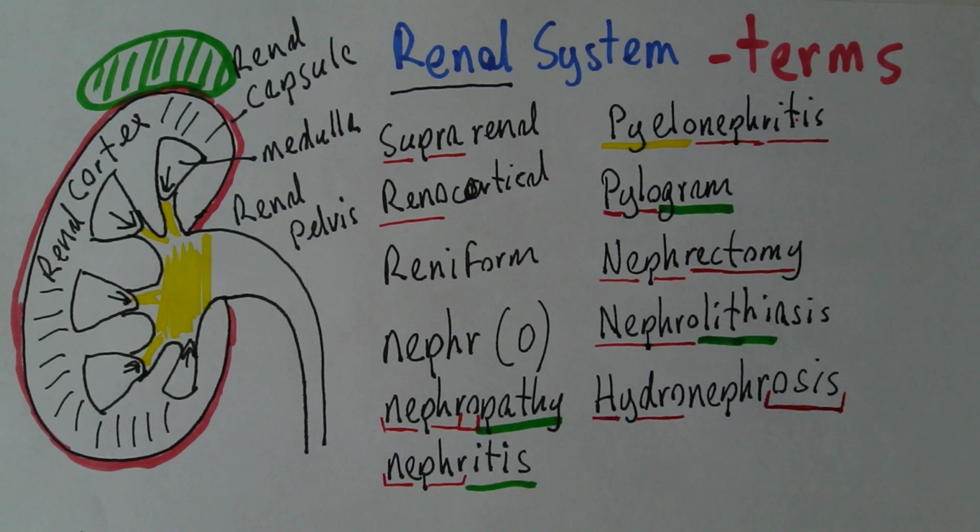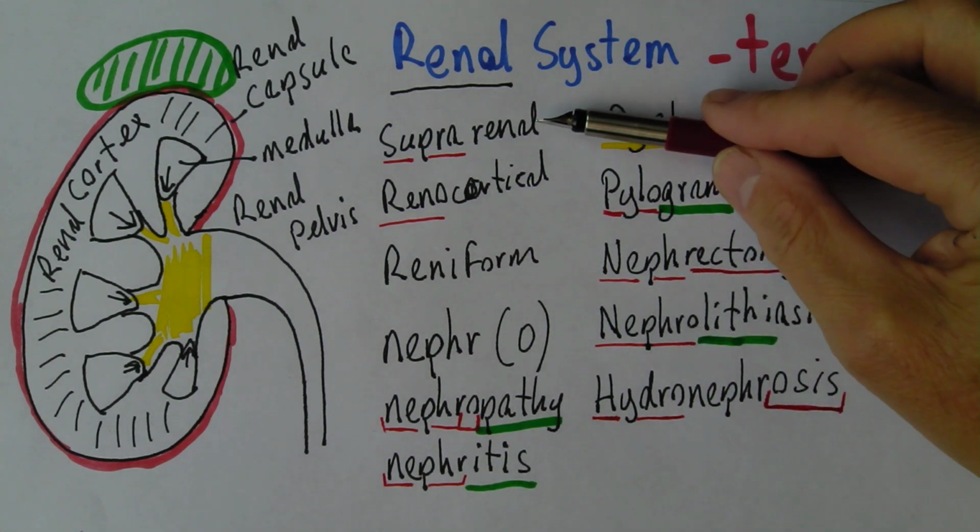So the main things to remember there, renal pertaining to the kidney, and neph or nephro also pertaining to the kidney. And then if we think about the other words that are connected with those, or the other prefixes and suffixes, we can normally work out what the word means.